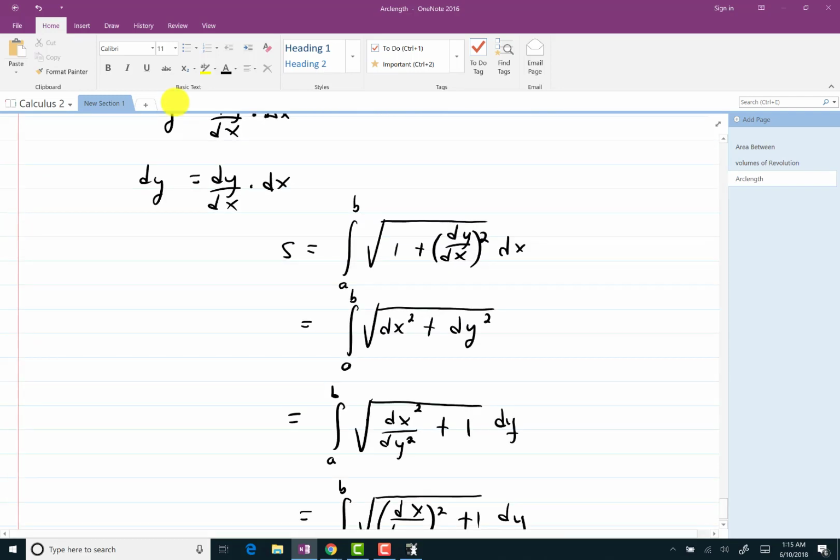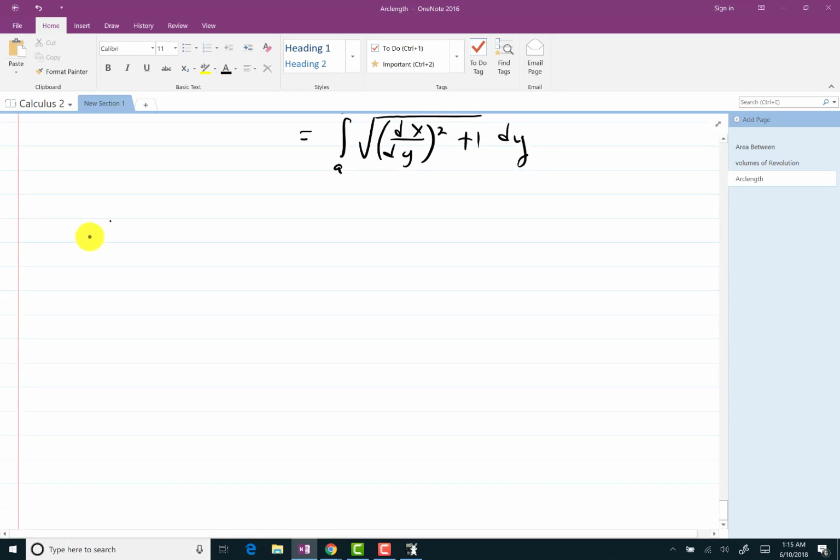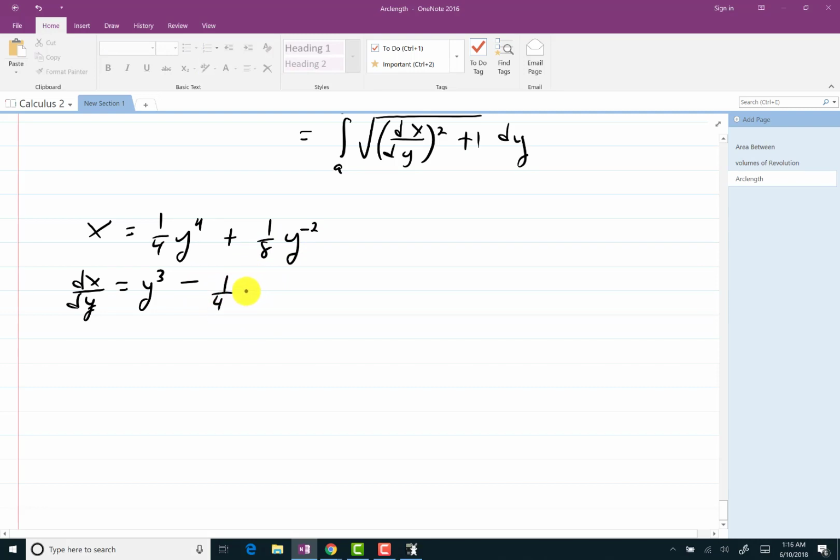So let me go ahead and write x again down here. X equals 1/4 y to the 4th plus 1/8. I'm going to rewrite this as y to the -2. So dx over dy equals, bring down the 4, and I'll have y cubed plus, well, a little bit premature there, minus, because of that negative exponent, I'll get -1/4 y to the -3.